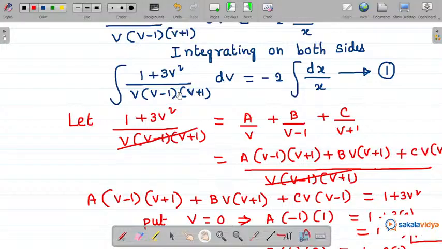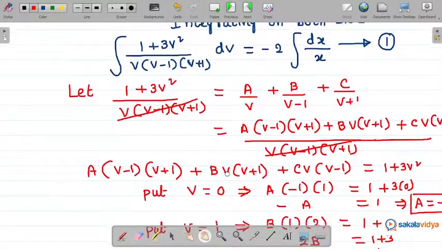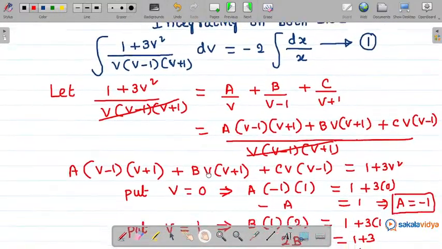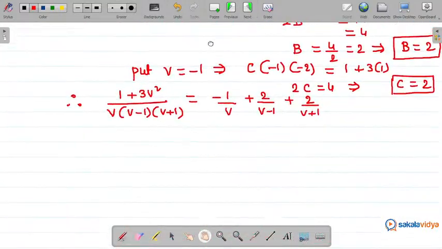Right, let us try to figure it out. So now we can write like this.